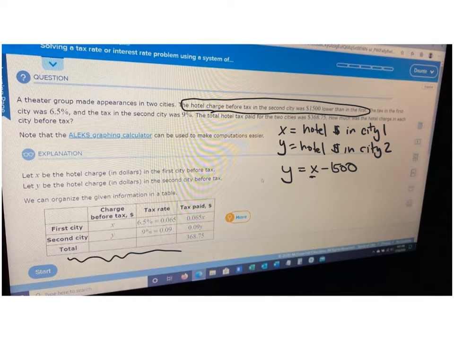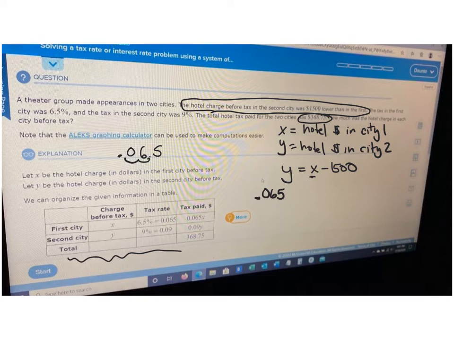Equation 2 is going to deal with the tax, which is a total tax of $368.75. So I know for the first city, there's a tax rate of 6.5%. So to make my second equation, I'm simply going to do 0.065, because it's 6.5%, but with a percent we want to make it a decimal, so I'll move the decimal to the left.